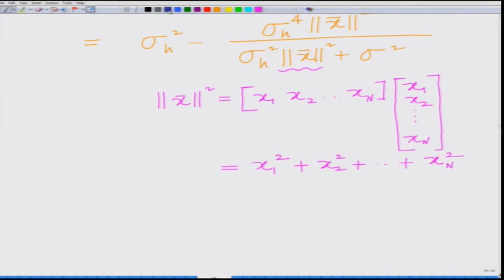And later when we consider the complex scenario, all you have to do is replace this x1, x2, xn by their conjugate.